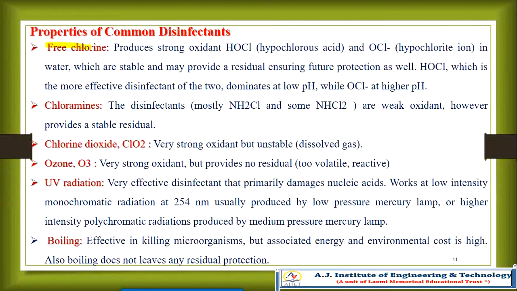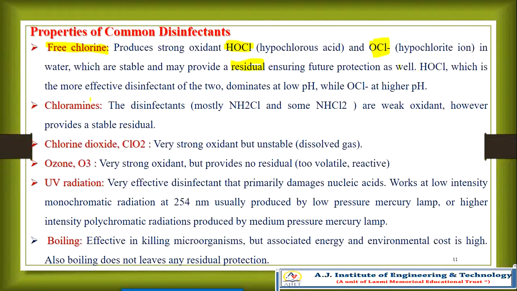Free chlorine produces strong oxidants like HOCl, hypochlorous acid, and OCl-, the hypochlorite ion, in water, which are stable and may provide a residual, ensuring future protection as well.